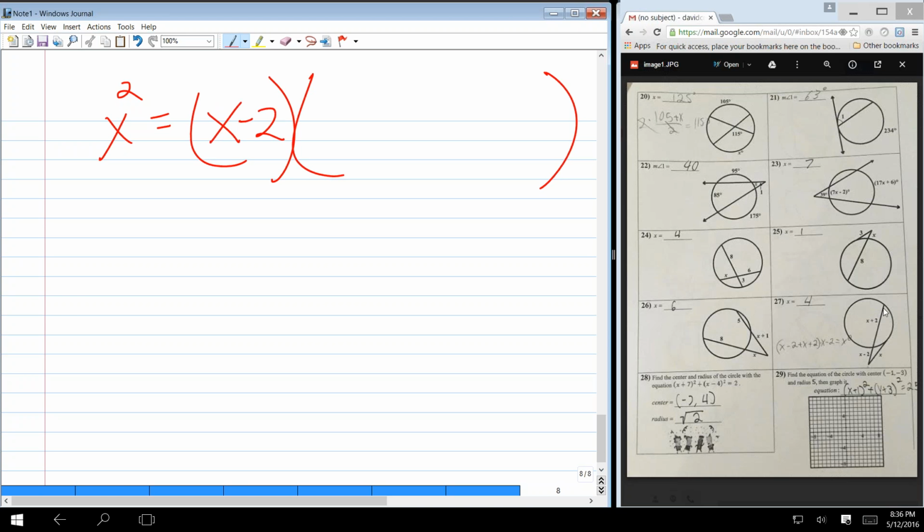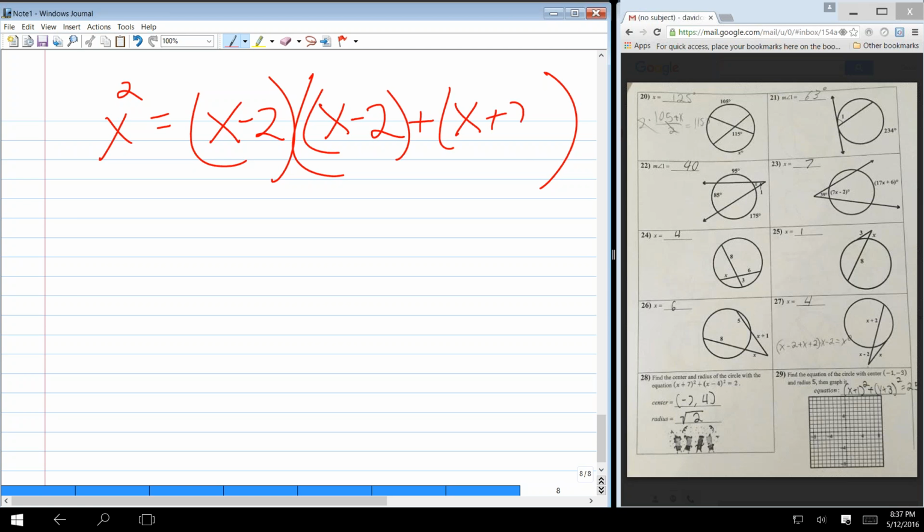What's the length of this secant line? It's got 2 segments in it. Add those 2 segments and you get the length of the whole line. X minus 2 is part of the segment, and then x plus 2.